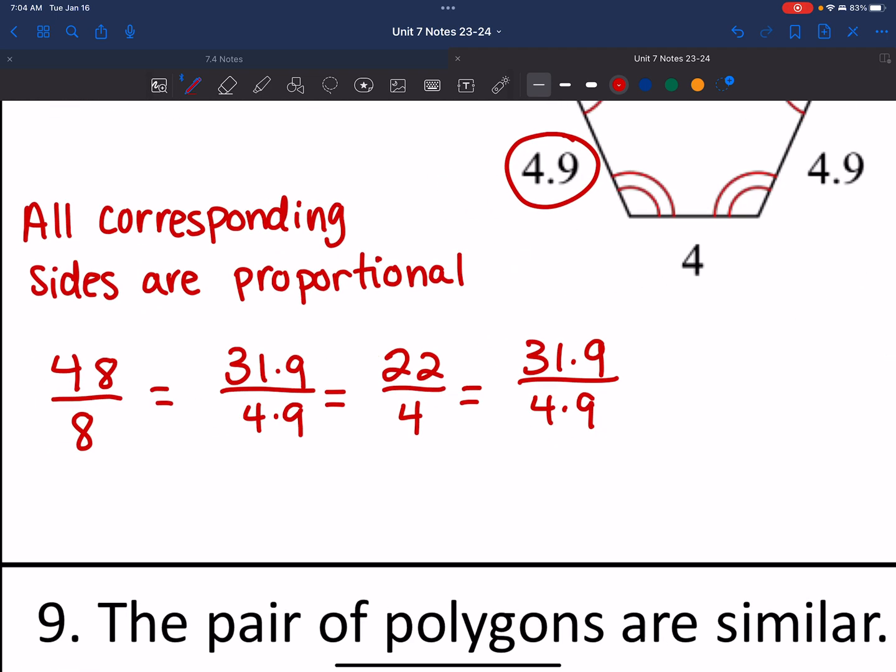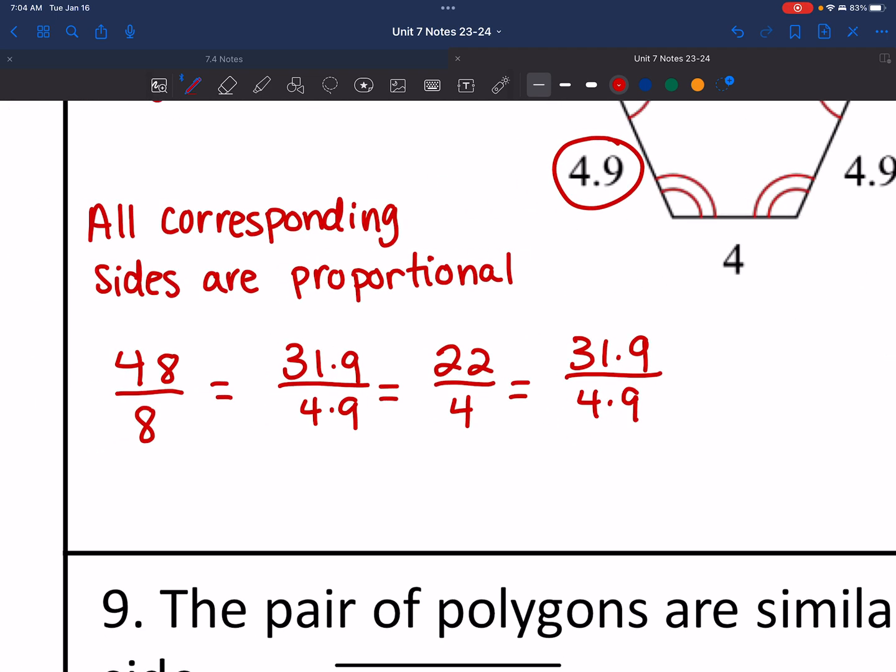And so if I reduce all of these fractions, then they should equal the same thing. So we've got 48 divided by 8. It's going to be 6. And then if I do 31.9 divided by 4.9, let's check here. I'm going to get about 6.51.